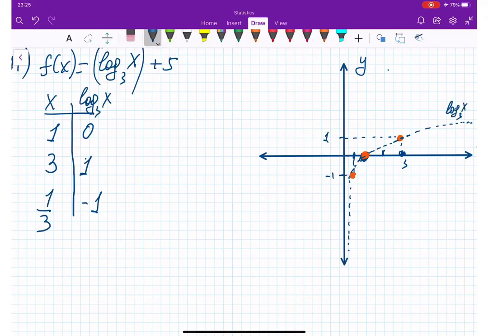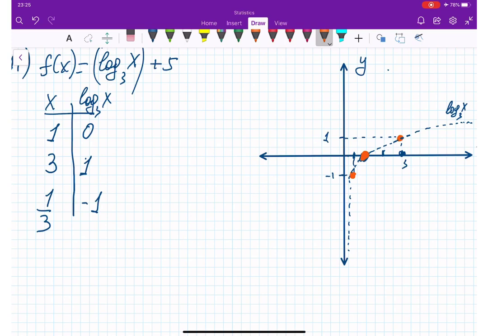Now the whole graph, we are going to take it and move up by 5. What does that mean? That means this point 1, 0 that we have here is going to move up by 5.